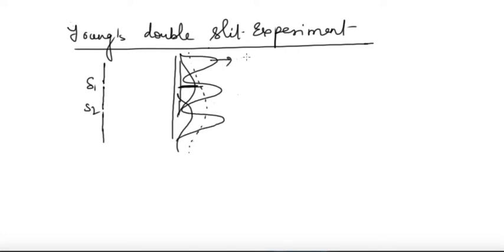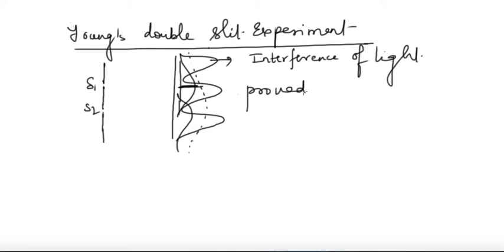This is interference of light, and this can happen only when light is a wave, because classically we know that when two waves superimpose, they interfere, and I get a pattern with both constructive and destructive parts. This experiment proved the wave nature of light.